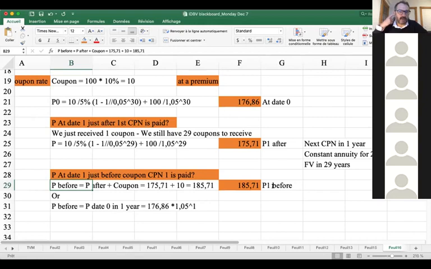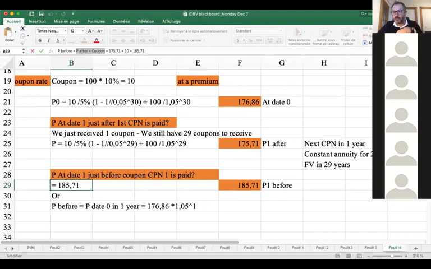I think we did that already in some time value of money exercises. So P1 before is just P1 after plus the coupon which is just paid. This is what Kian is saying in the chat: before is equal to after plus coupon.